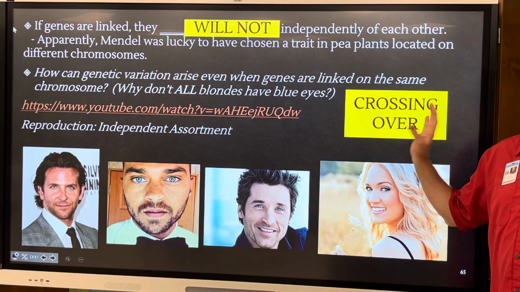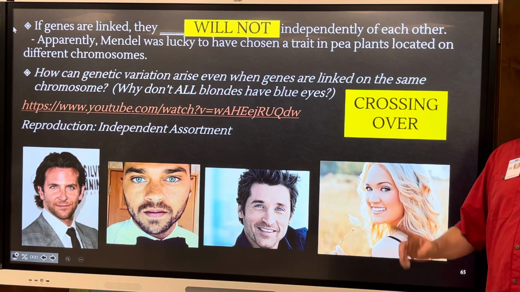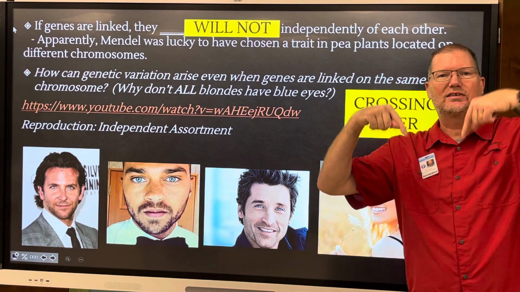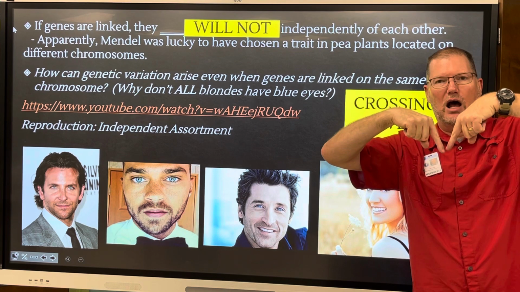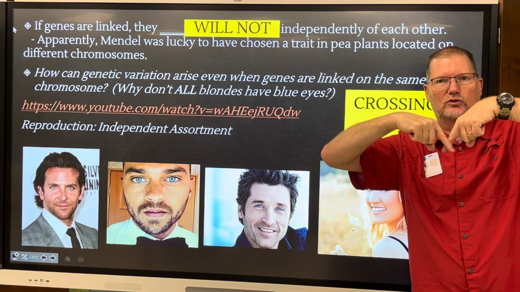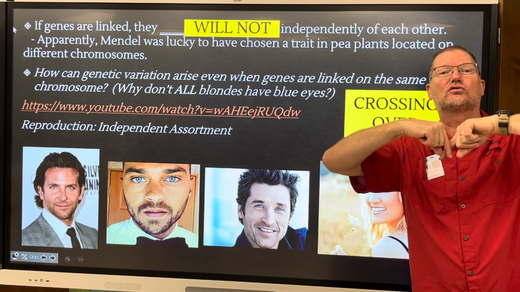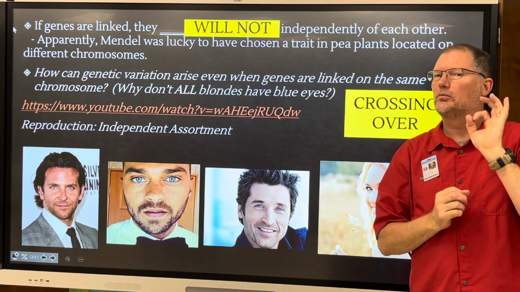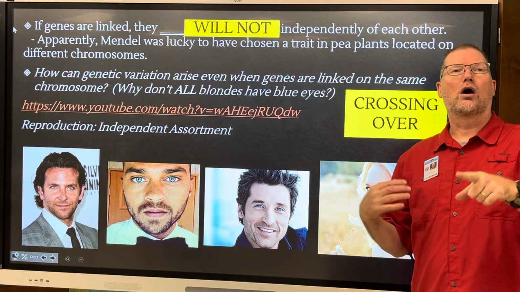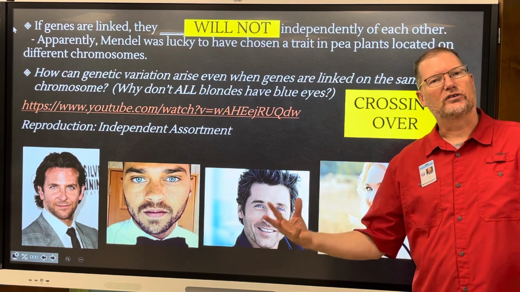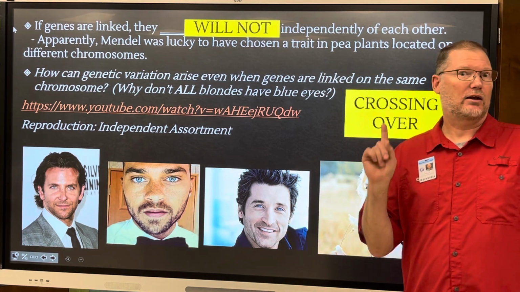We know that it's crossing over. Because during synapsis, during meiosis, when those genes would line up and those chromosomes line up and cross over, they actually switch. It's a really miraculous mechanism for creating diversity. Someone had a good plan.